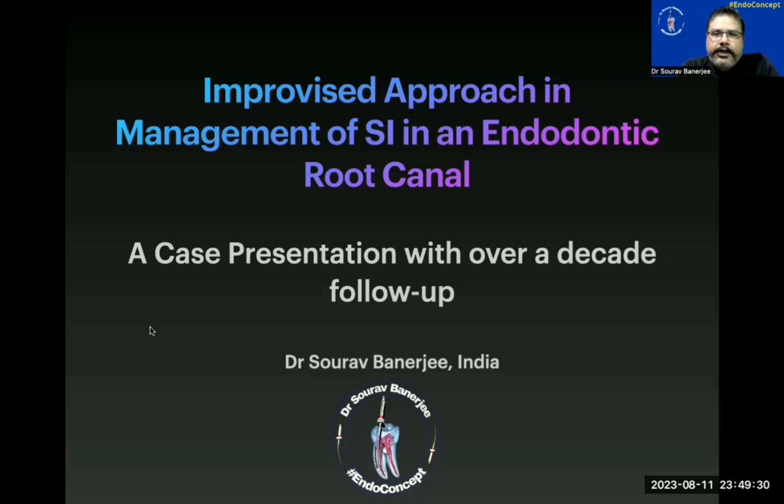In routine endodontic or routine retreatment cases, we usually do not follow that kind of improvisation. So let us see how we achieved a successful case in the long run.